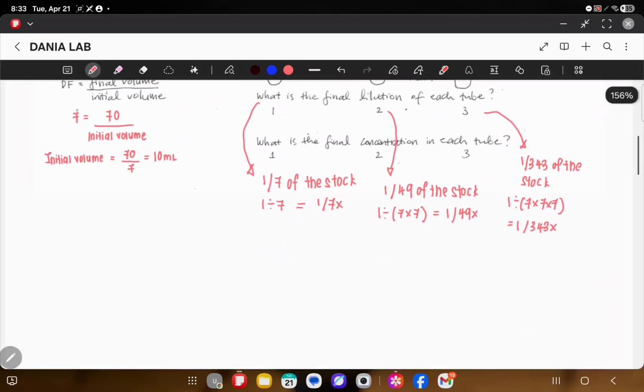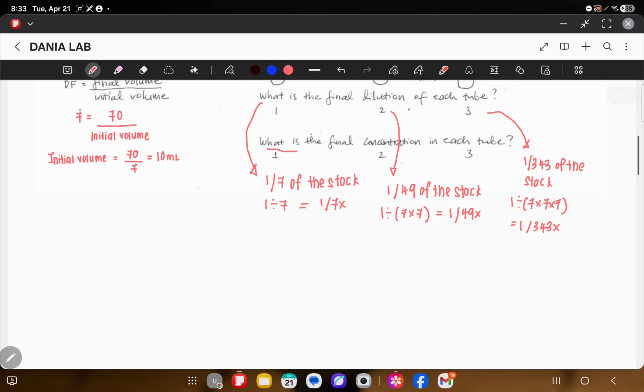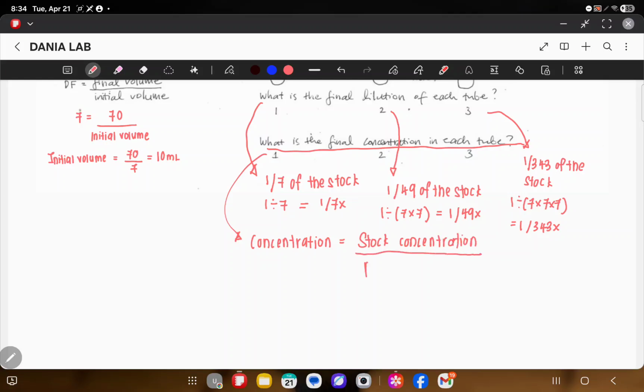And next is the final concentration in each tube. We calculated as concentration equals stock concentration divided by dilution factor.